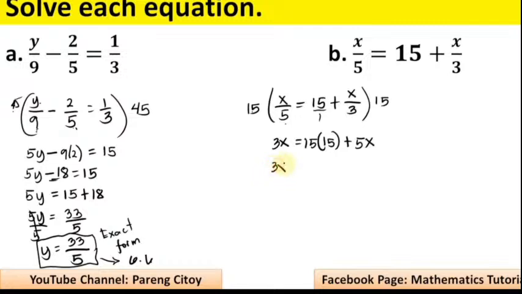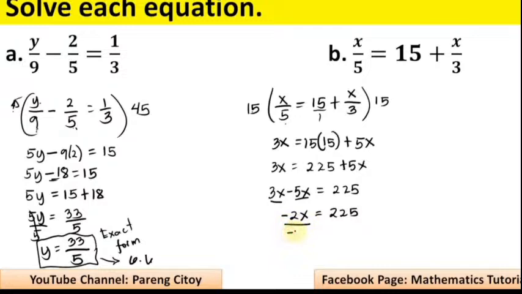So 3x equals 15 times 15, that is 225 plus 5x. Then combine like terms. So 3x minus 5x equals 225. Then 3x minus 5x, that is negative 2x equals 225.